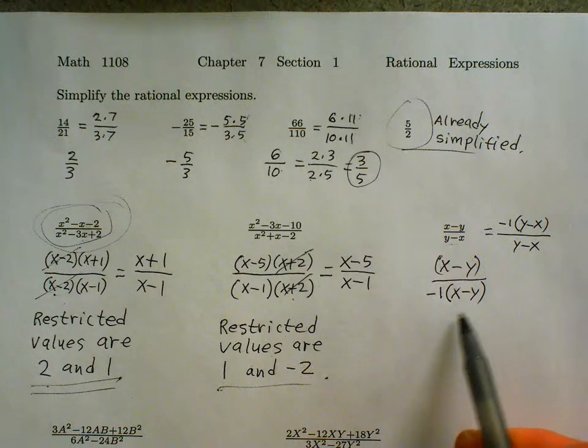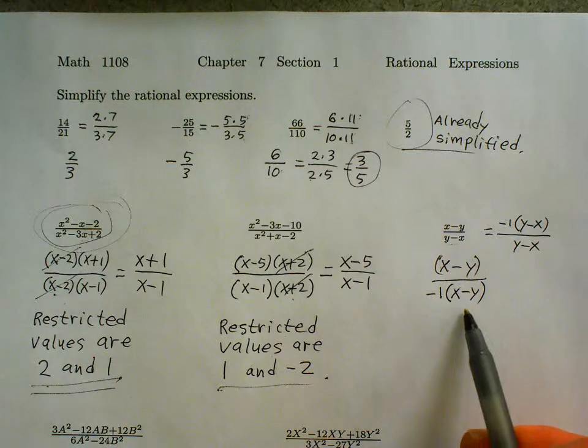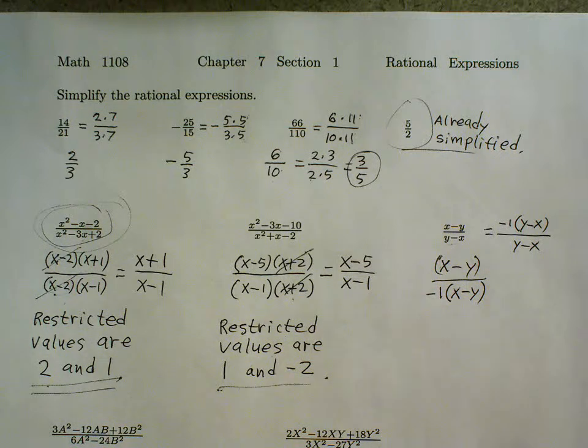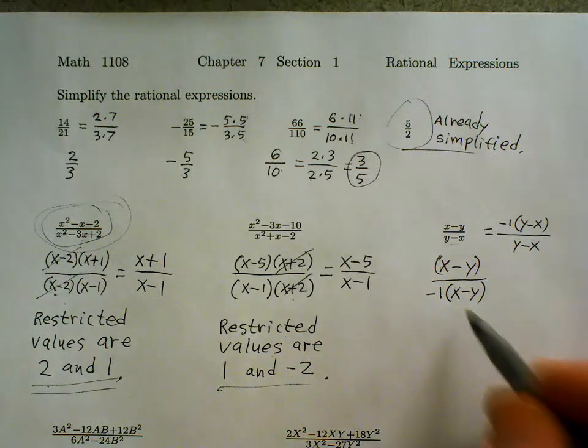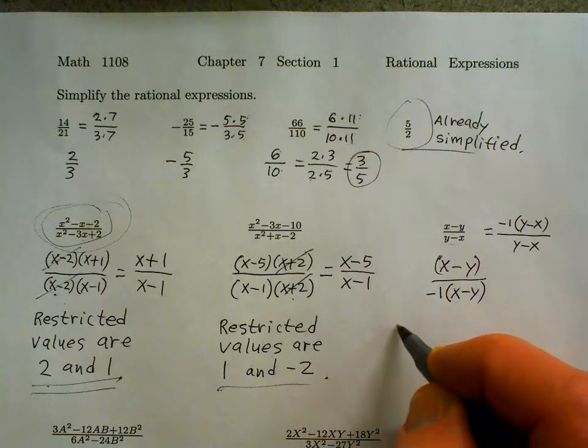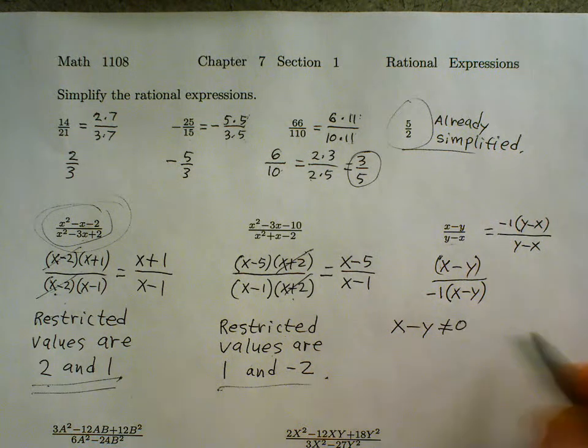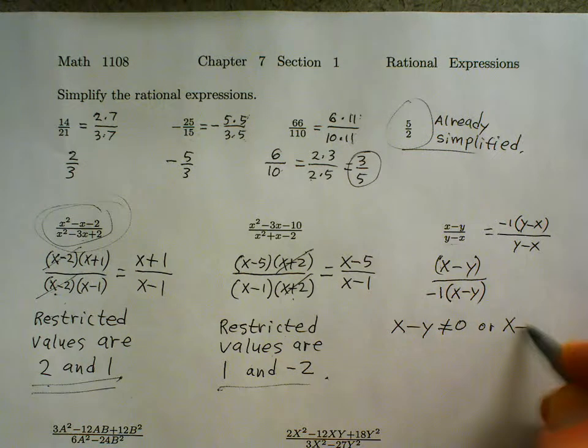The restricted values here are any numbers. So in other words, x and y cannot be the same number at the same time. So we would just say x minus y does not equal 0. This is equivalent to saying that x cannot be y.